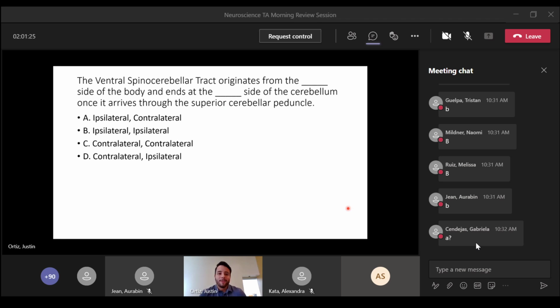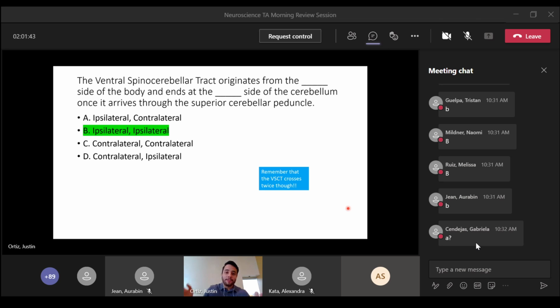Okay, so the ventral spinal cerebellar tract, or VSCT, originates from the ipsilateral side of the body and ends at the ipsilateral side of the cerebellum. But remember that the VSCT crosses twice.